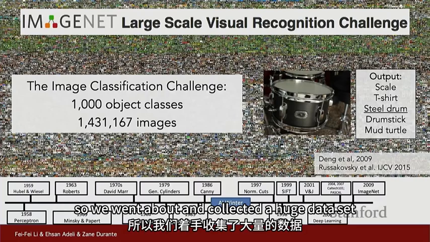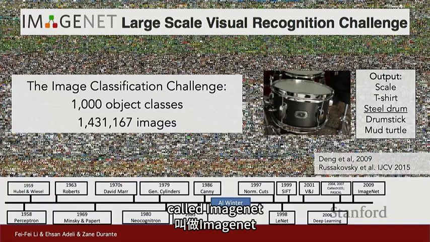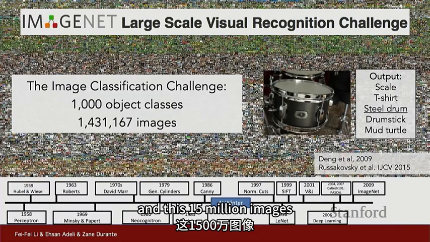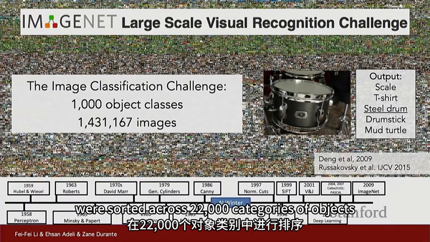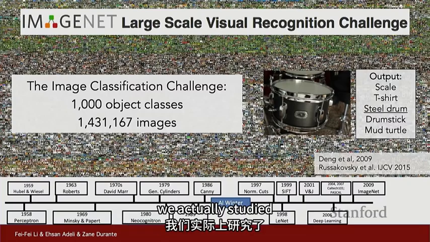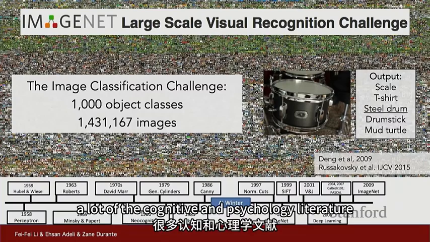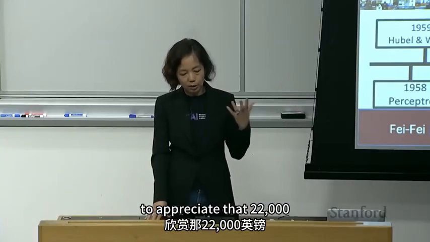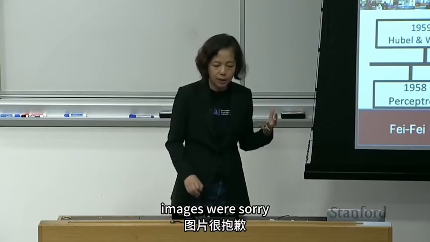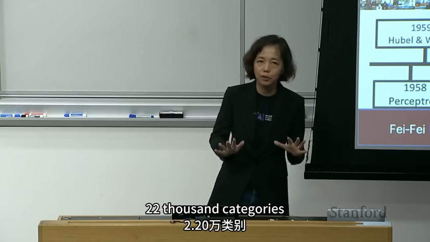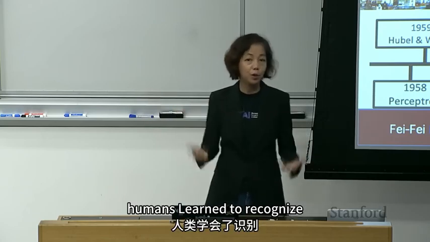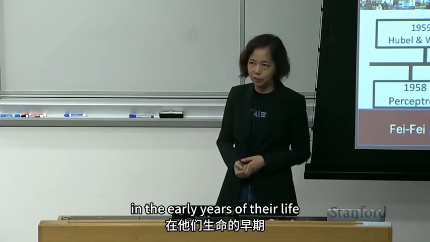So we went about and collected a huge data set called ImageNet that has 15 million images, after cleaning 1 billion images. These 15 million images were sorted across 22,000 categories of objects. We actually studied a lot of the cognitive and psychology literature to appreciate that 22,000 categories were roughly in the order of the number of categories that humans learn to recognize in the early years of their life.